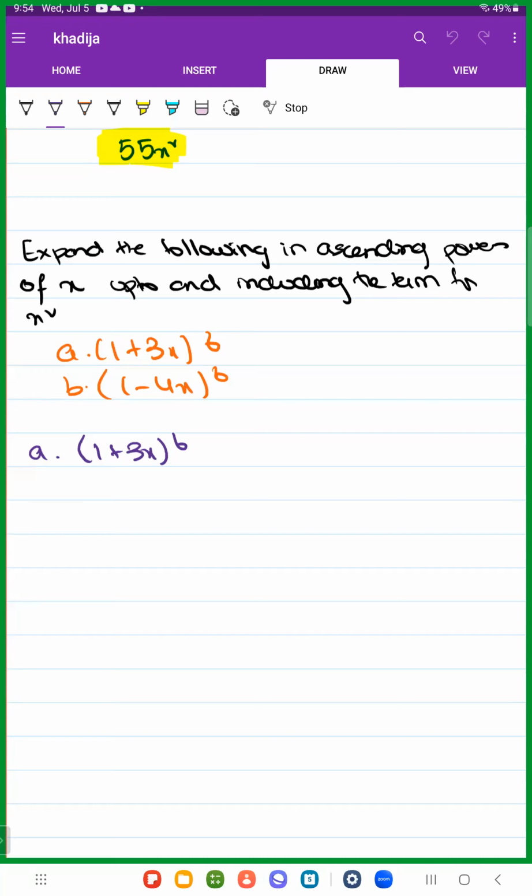For 6C1, you have 18x. And then for 6C2, I got 135x squared. Yeah. Tell me for B. I haven't done B yet.